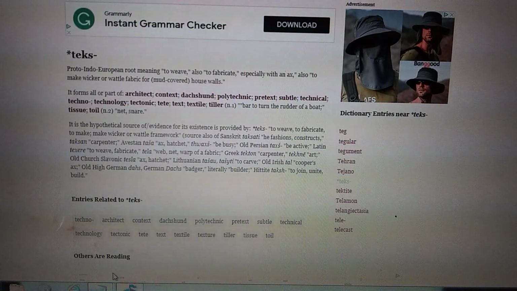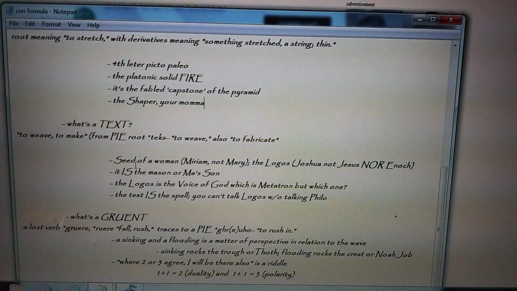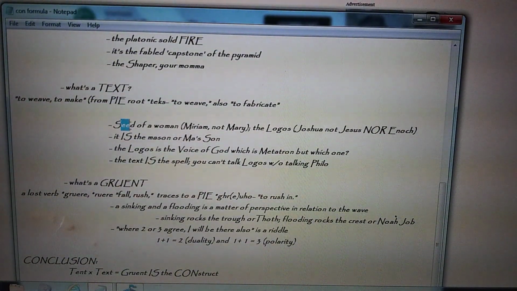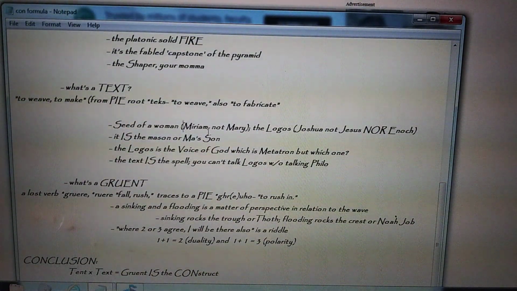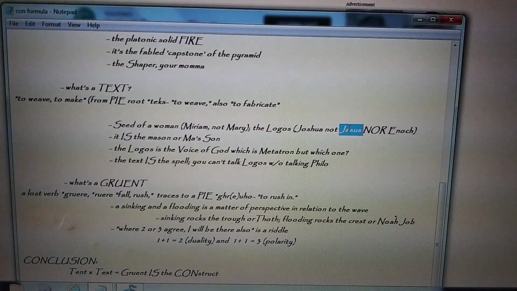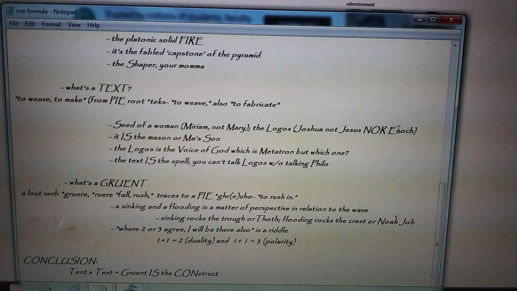Now, back to my notes. If you notice, the text is what? The text is the seed of a woman, right? That's Miriam, not Mary. We're talking about the logos, Joshua, not Jesus, nor Enoch.